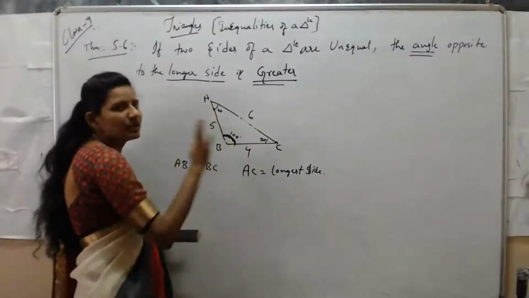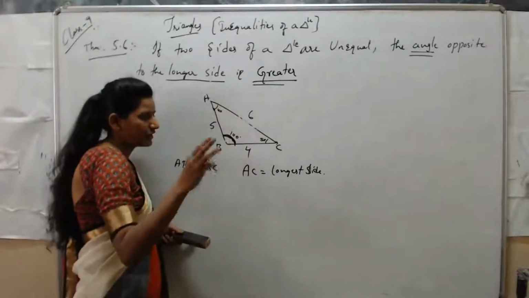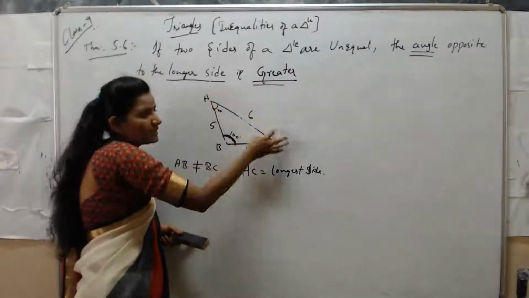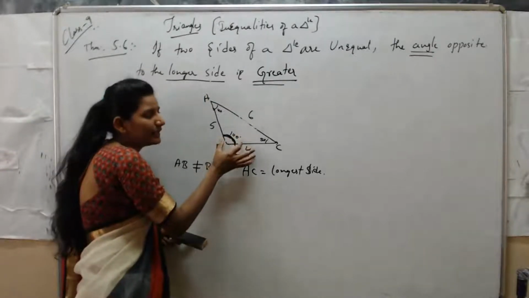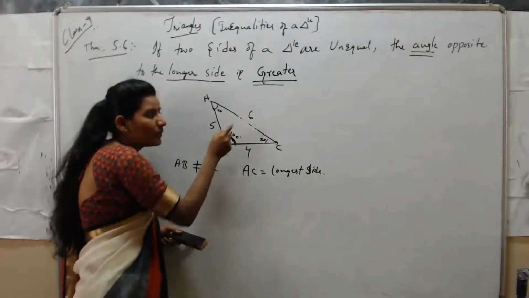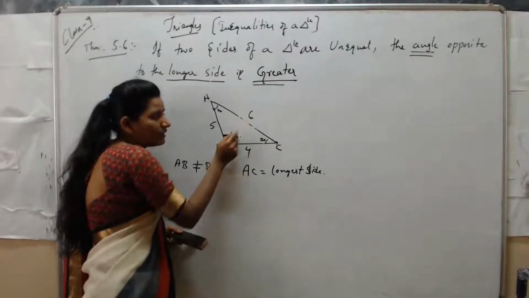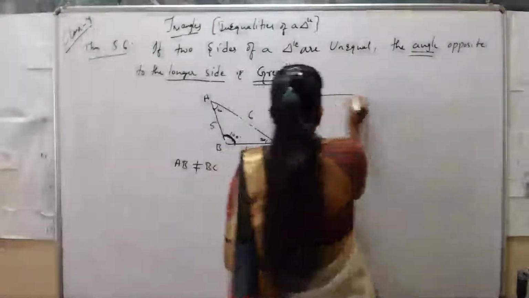AB and BC are unequal, and there is another side, as three sides are there for a triangle. If AC is the longest side, then the angle opposite to it, B, is greater.